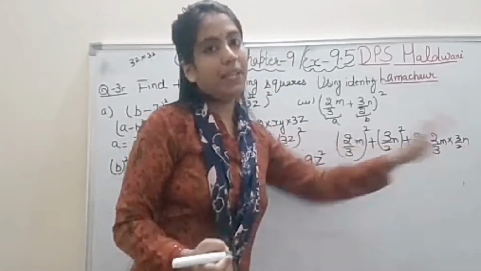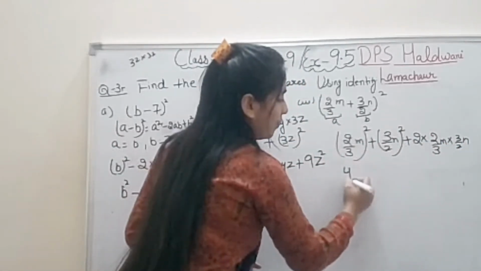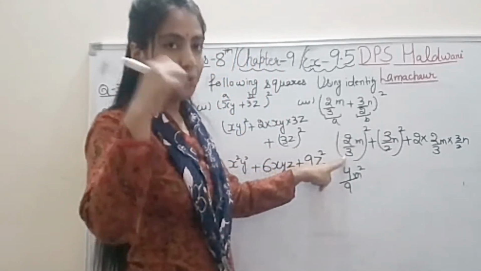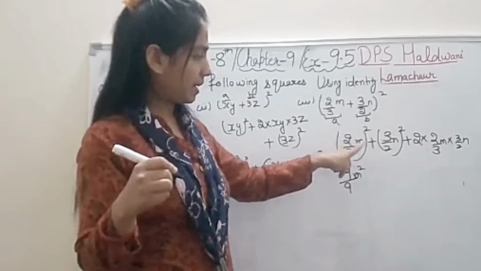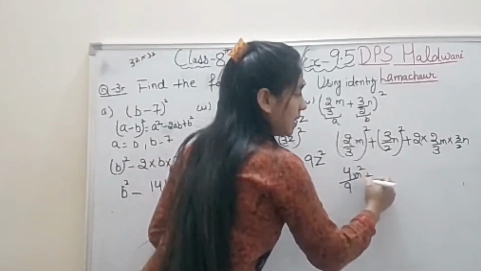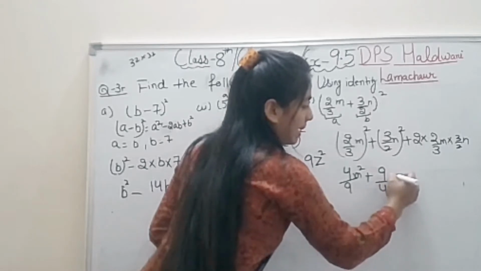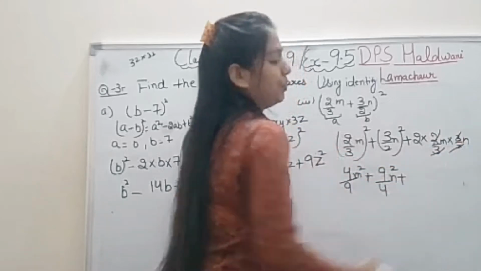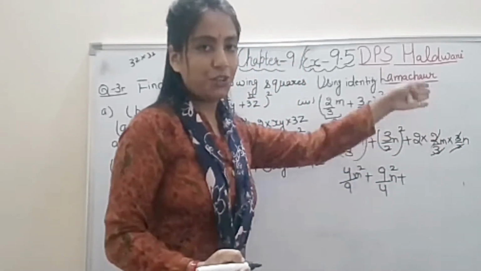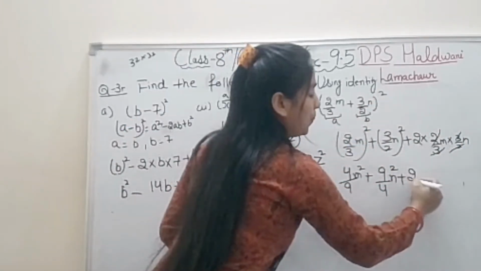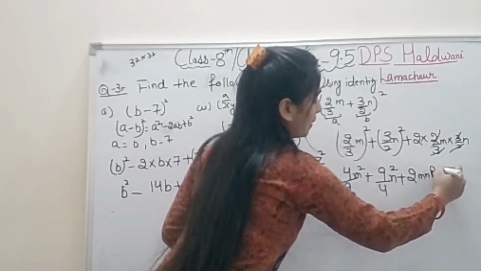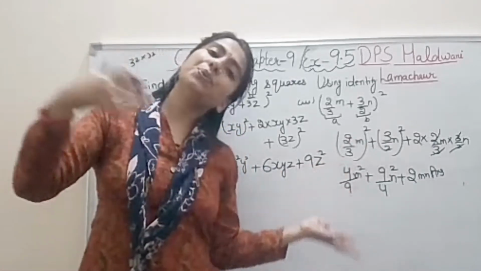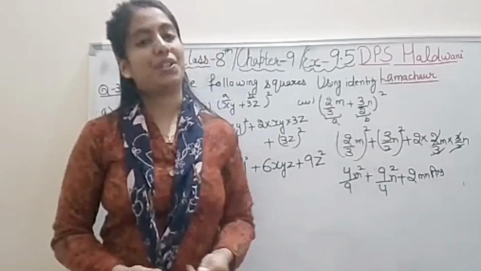Simplify. 2 2s are 4, 3 3s are 9, m square, because 2 by 3 into 2 by 3. 2 2s are 4, 3 3s are 9, m square, plus 3 3s are 9, 2 2s are 4, n square, plus, now see, 3 cuts with 3, 2 cuts with 2. Cross. They are numerator and denominator. So the answer is 2mn. These all things we already have done in our previous exercise. Here we are just putting into the question.